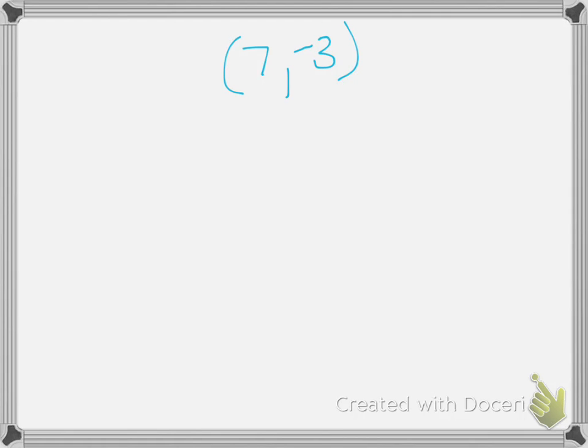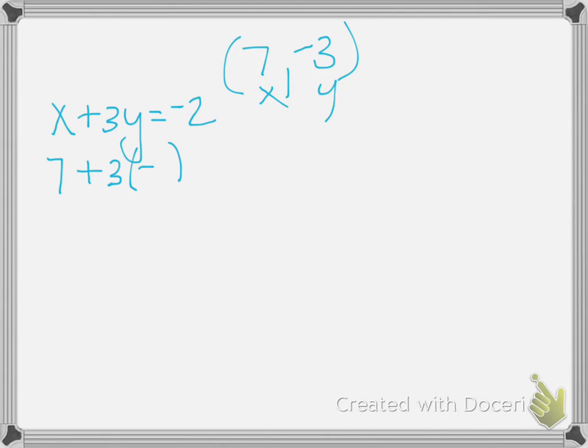Step 5 is one of the most important. It says to substitute into both equations to see if it is the correct solution. So here's my x and my y value. I'm going to substitute 7, and every time there's a y, open parentheses, you insert the number.